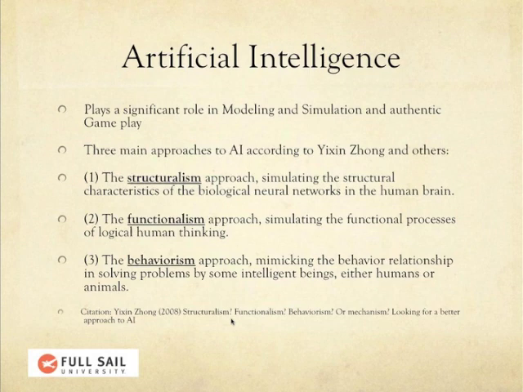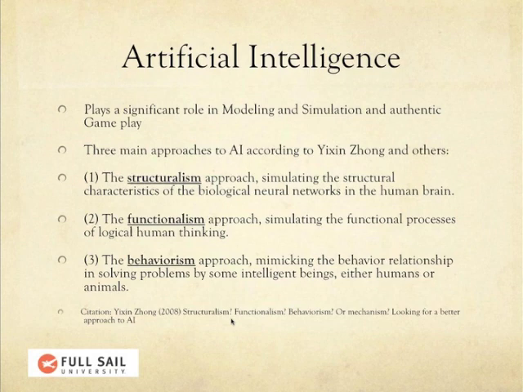The reason we're looking at these three approaches is because they come up a lot in philosophy, and they will be mentioned in some of the outside articles that we are reading. They may be mentioned at a later point in the textbook, and I want you to have a little bit of a background in what each of these approaches means and what the philosophical approach is. So the first is the structuralism approach.